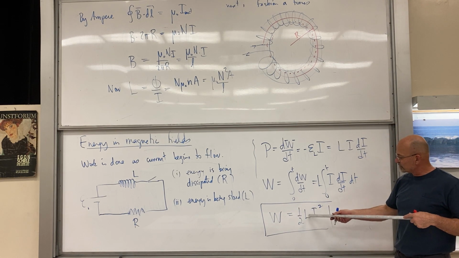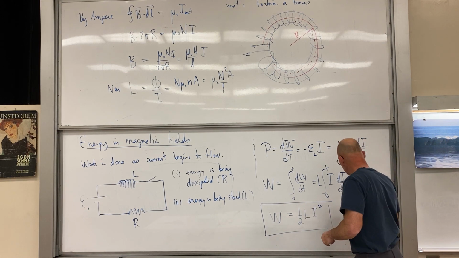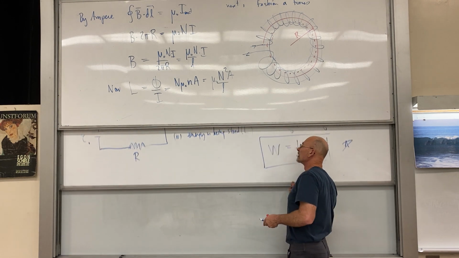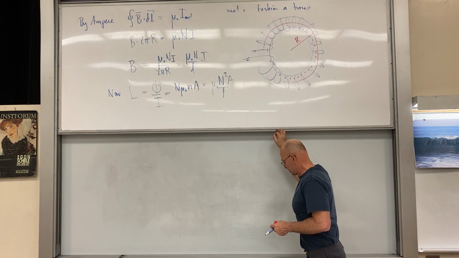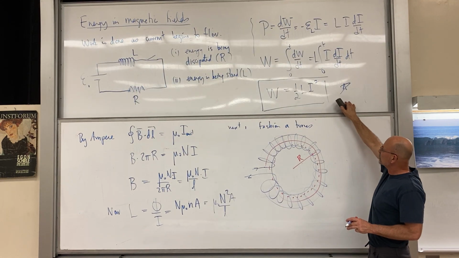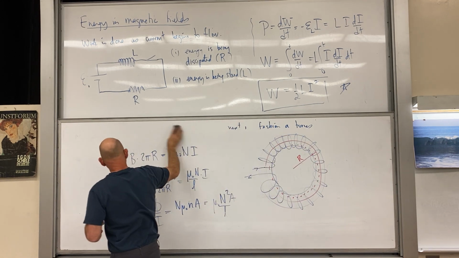But we want to actually express it in terms of the magnetic field itself. So let's call this star here. Next, let's express this in terms of energy stored in the magnetic field. That'll take a few steps.